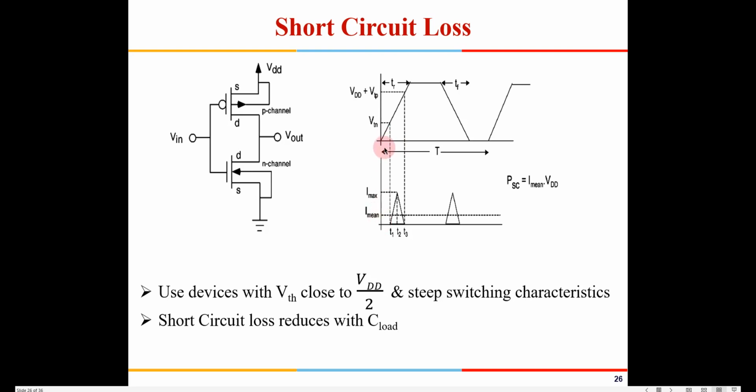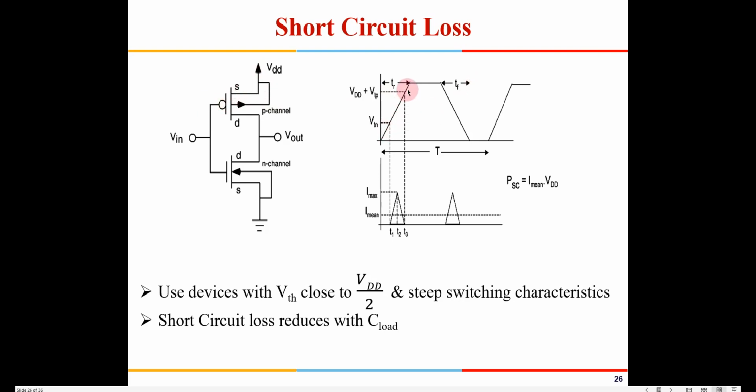Now the input is slowly rising. The moment it crosses 0.6 volt, this NMOS transistor will be switched on, and this PMOS also remains on. It will keep increasing, and when the input voltage crosses 1.2 volts, this PMOS will be switched off.